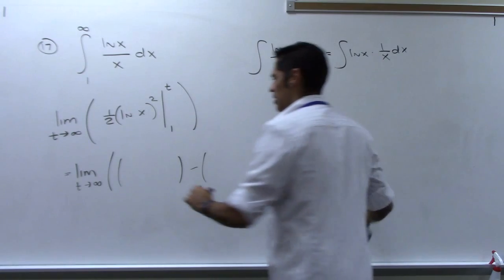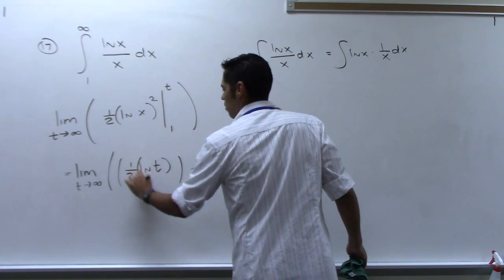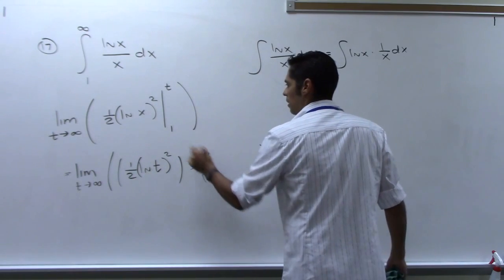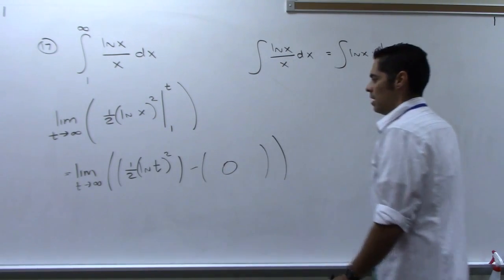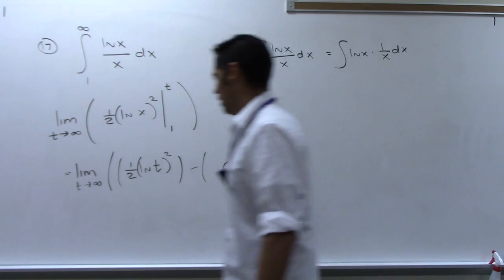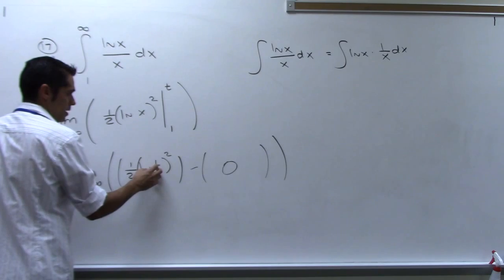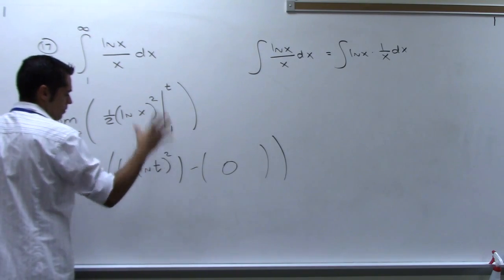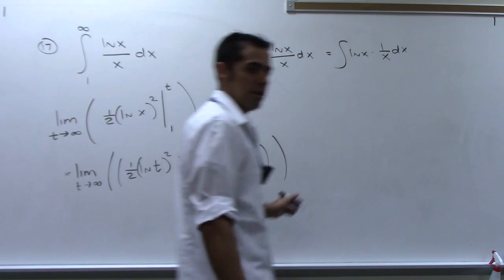So first plug in t, 1/2 natural log t, that quantity squared. And then if we plug in 1, natural log of 1 is 0. So that's nice. And then let t go to infinity. Natural log of infinity gets big and blows up. Squaring it blows it up. 1/2 times that still blows up. This thing is infinite, so it diverges.